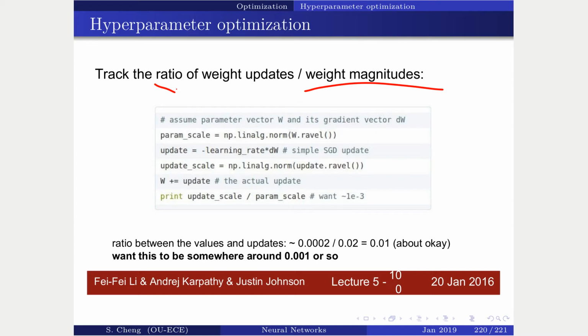For example, if the change is in the range of about 0.01, or around 0.001, then it's reasonable. You don't want the weights to change too quickly.